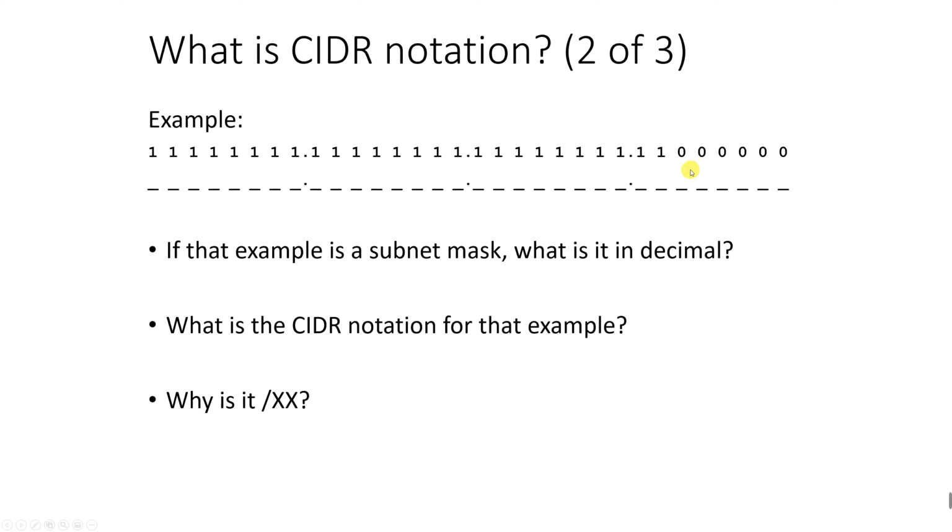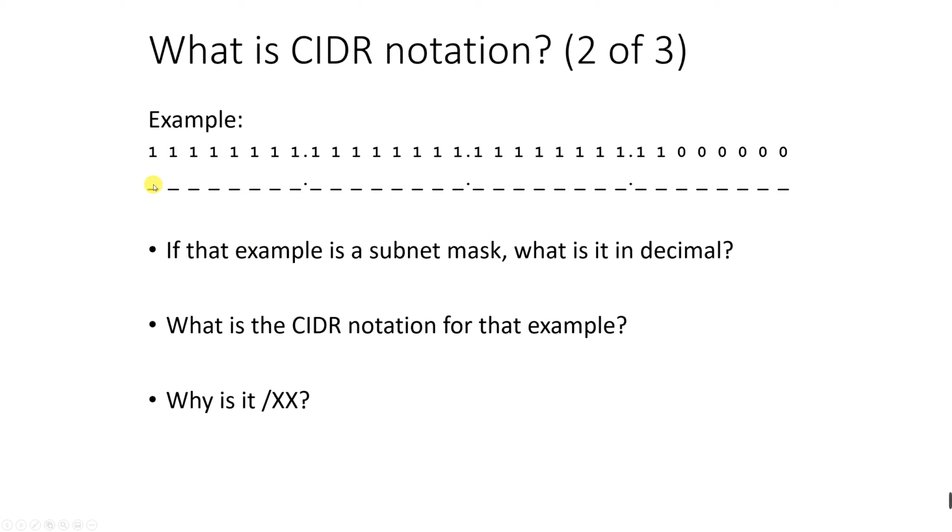How many subnets do you have with a /26 CIDR? Do you remember? I'll give you a minute. Turns out you have 4. So, /26 CIDR, so it's 26 ones. Then you convert it to decimal.